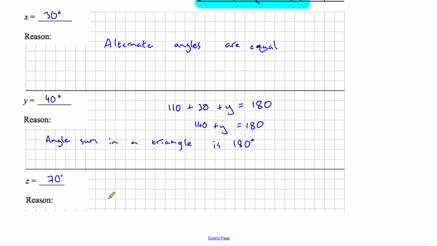Degrees, the reason. Opposite angles equal in a parallelogram. That's the first part of the reasoning.